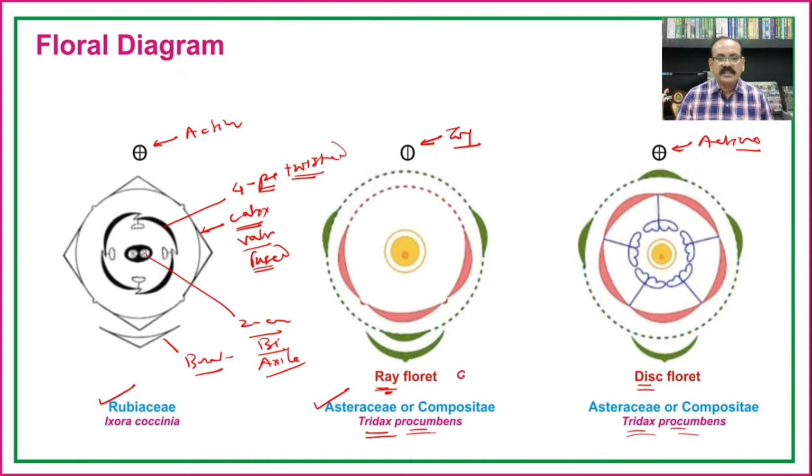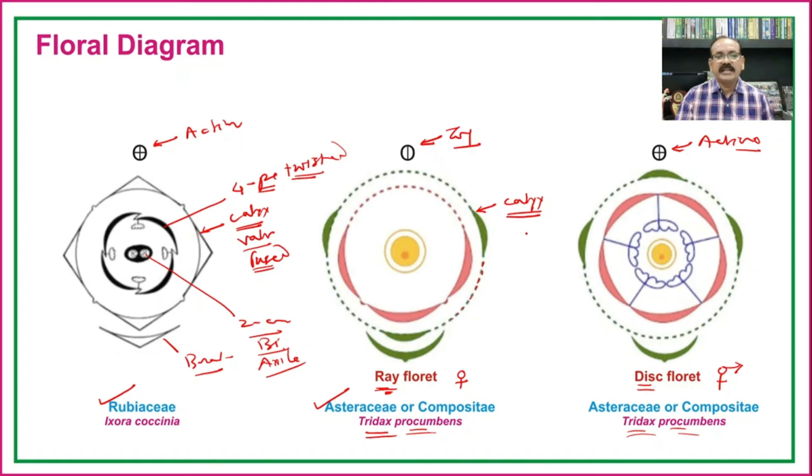This is a female floret, and this is a bisexual floret. So this is the difference between these two. This outer one is the calyx, and in this family, that is Asteraceae, the calyx is modified into pappus, and hence it is drawn like this, with a dotted line.